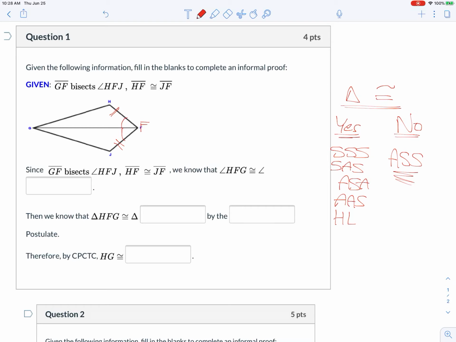Since GF bisects HFJ, that's our given, and HF is congruent to JF, we know that angle HFG should be congruent to JFG.